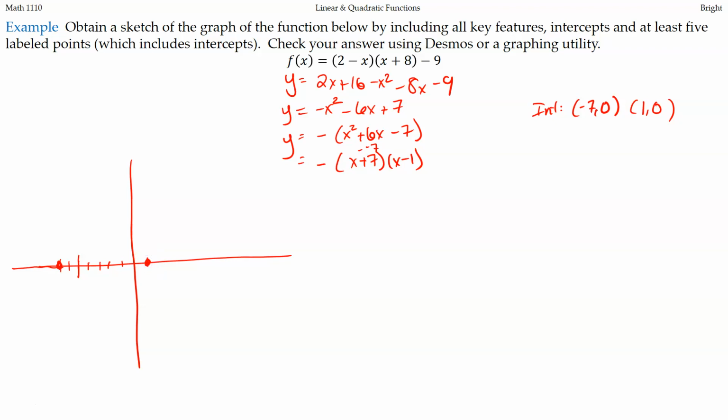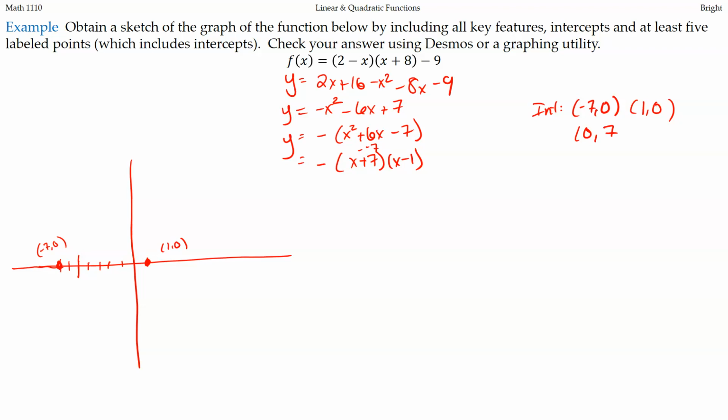Okay, and then it says labeled points, so I should probably label these. So this is minus 7, 0, this is 1, 0, and then if I put in 0 for x, I find that y is 7, so yeah, that works, right?